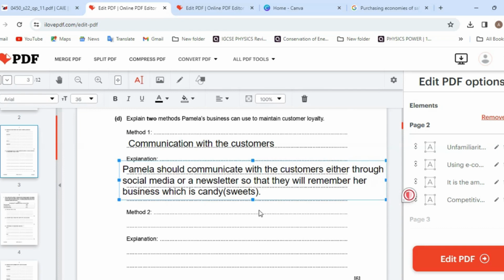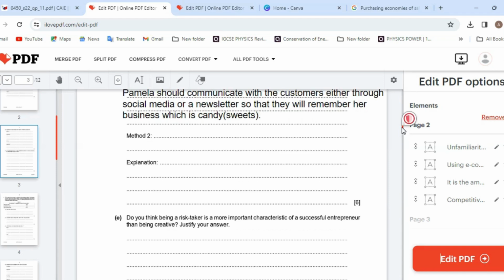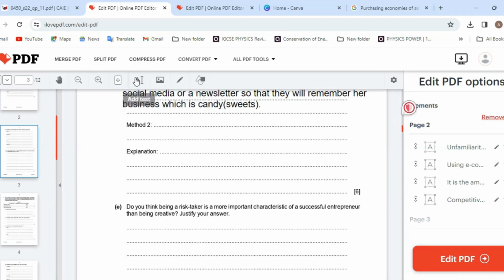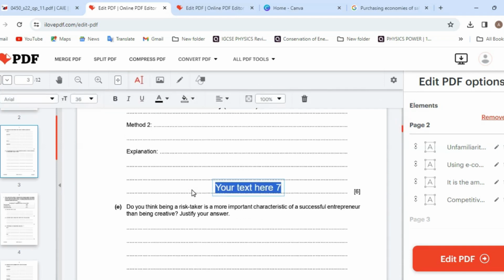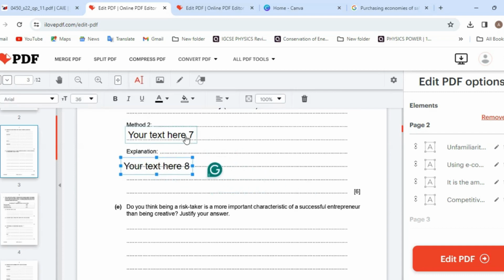She can also offer reward to the existing customer so that they will return when they know they are going to get an incentive when they are buying our products. Let's try and type. We have the point here and we will have the explanation below.